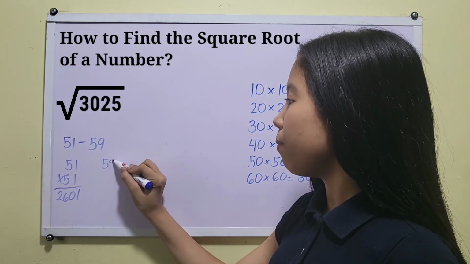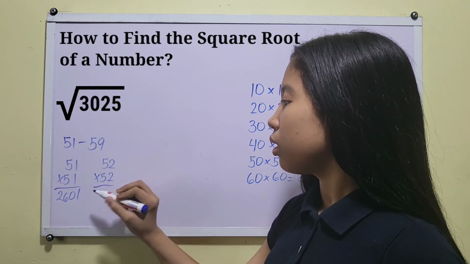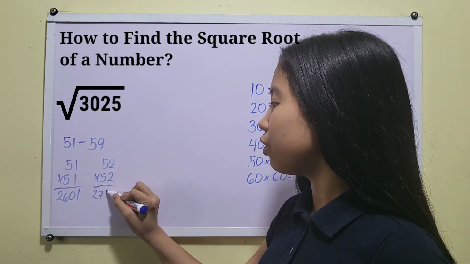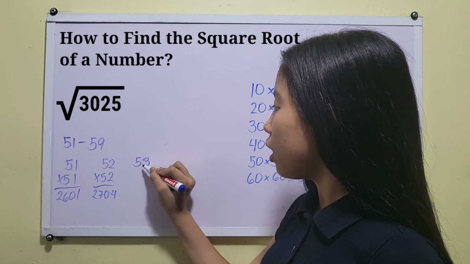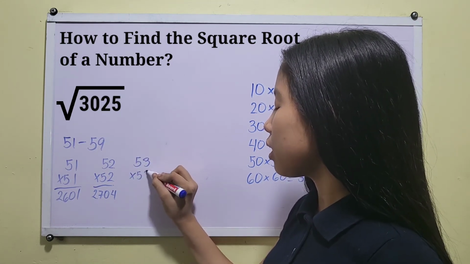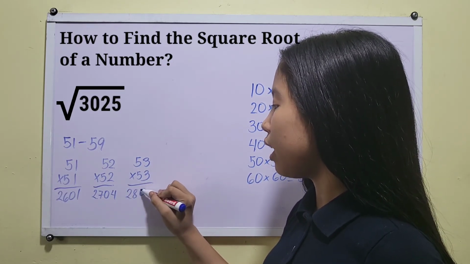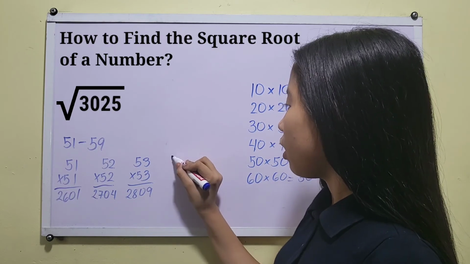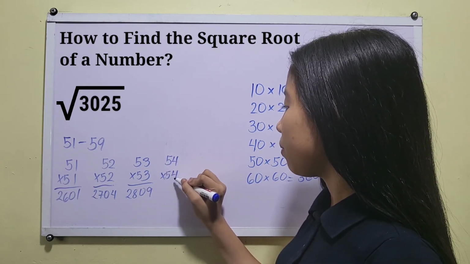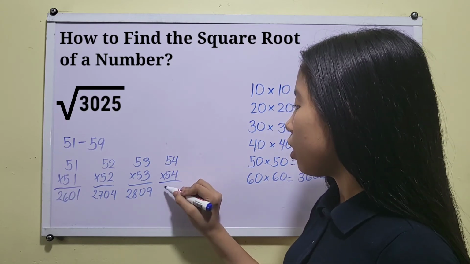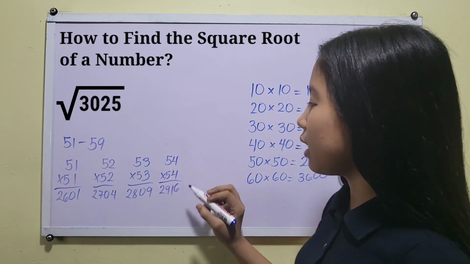And 52 times 52 is 2704. 53 times 53 is 2809. 54 times 54 is 2916.